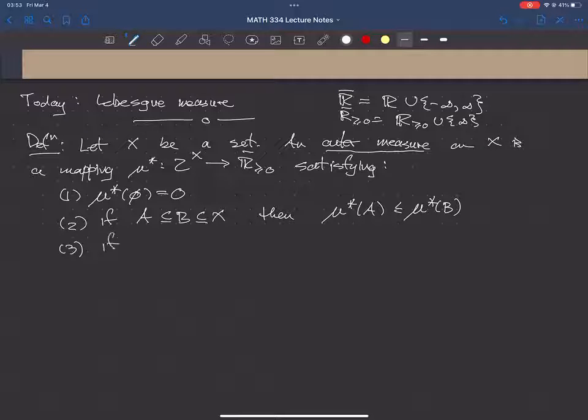And finally, if you have a countable collection of sets, A_j, then we want to talk about the outer measure of their union.